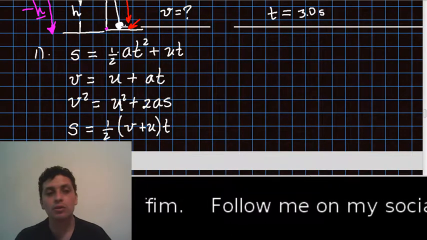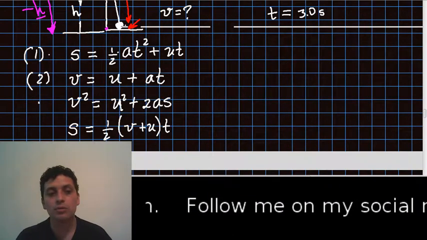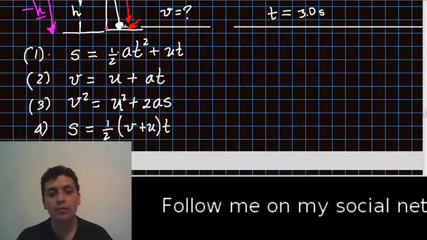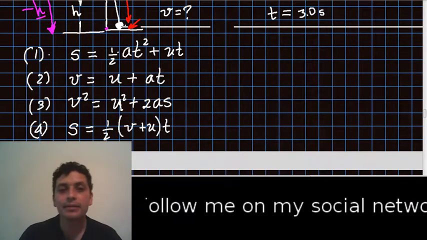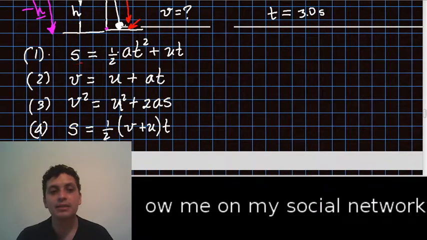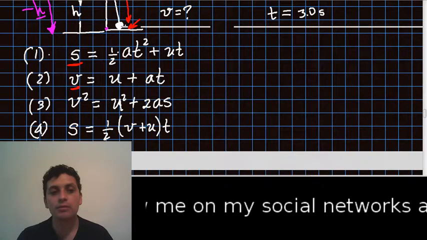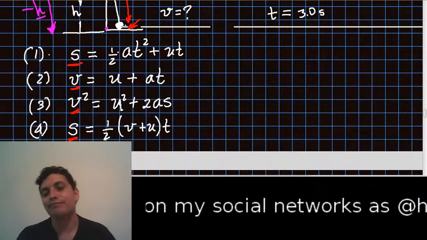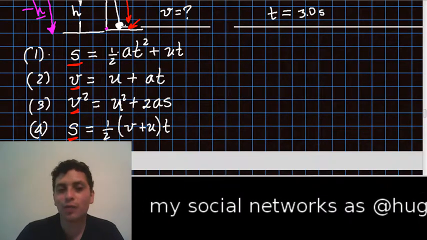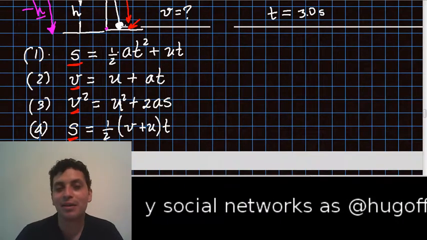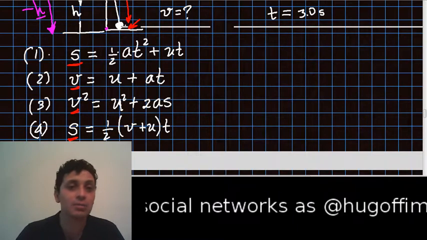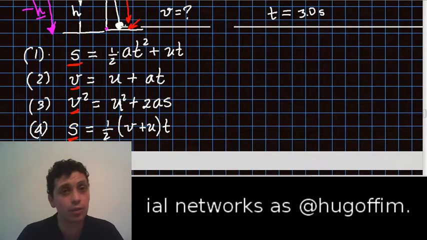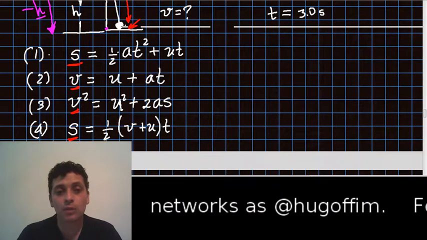So I'm going to use numbers 1, 2, 3, and 4. What I'm asked to find are the unknowns, v and s. Sometimes you have to solve the equation for the unknown.